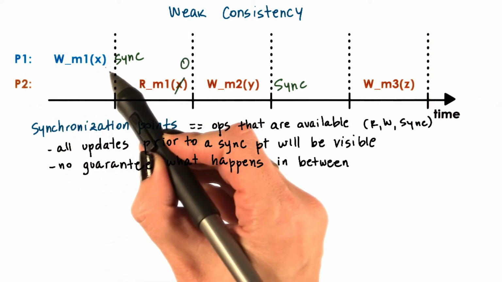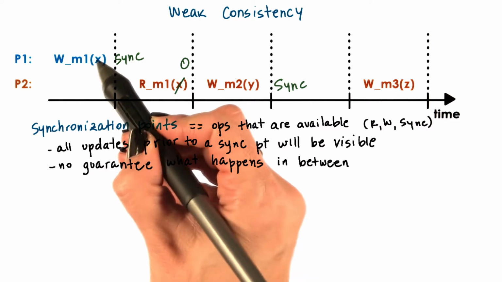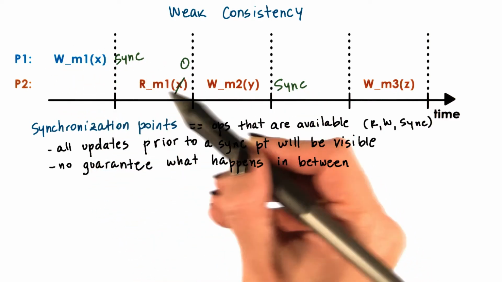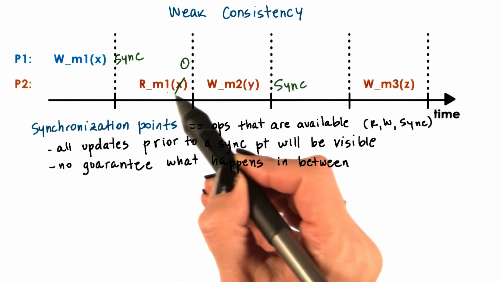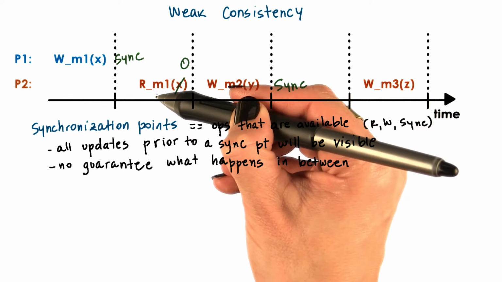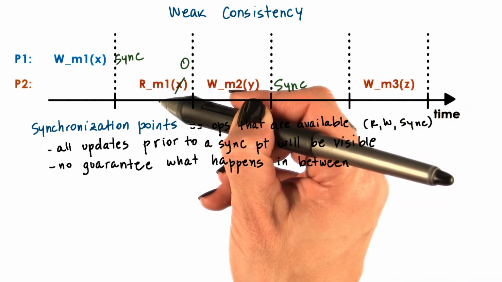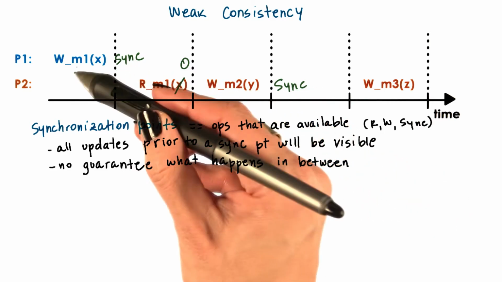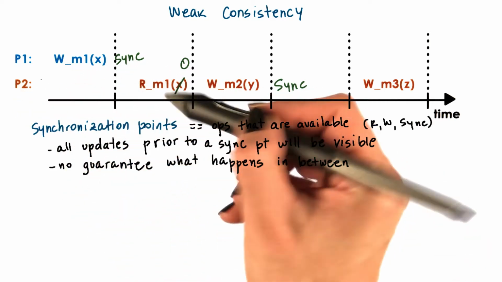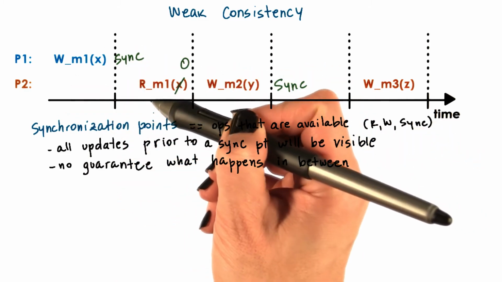If P1 performs a synchronization operation at this particular point after this write was performed, that doesn't guarantee that P2 will see that particular update at this moment. Although this read operation is happening according to some real-time, some external observer, at a later point in time than the synchronization point and the preceding write, P2 has not made an attempt to synchronize with the distributed shared memory.